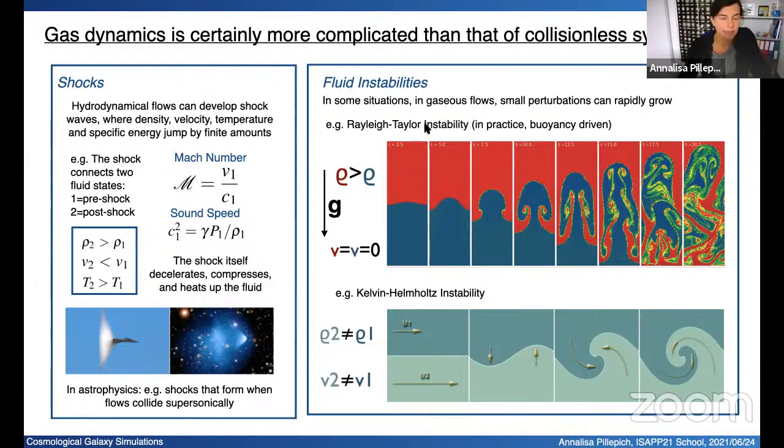Like the Rayleigh-Taylor instability, which you get if you put the fluid with high density at the top of another, and the gravity field points down, and the fluid naturally develops instability. Or the Kelvin-Helmholtz instability, when you have two fluids with different velocities moving in a parallel manner, and they also have different densities, and you produce these Kelvin-Helmholtz instabilities with the formation of these eddies, etc.